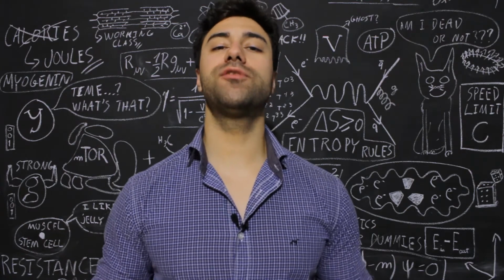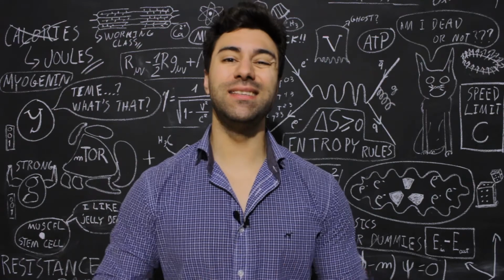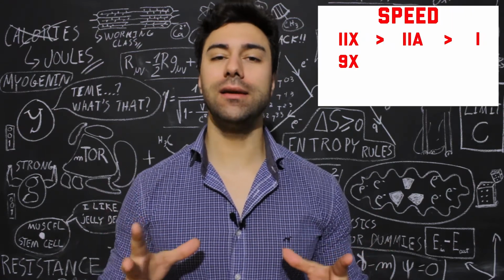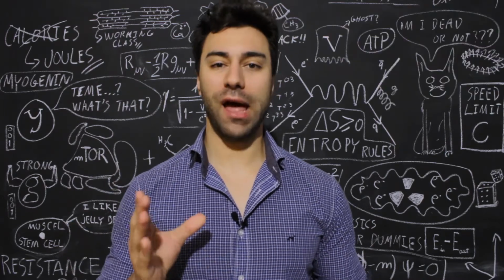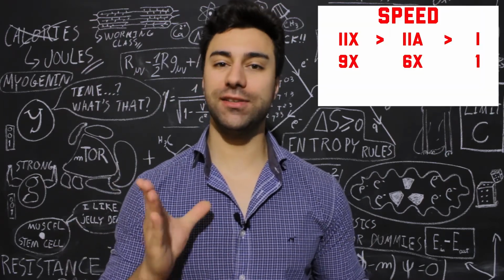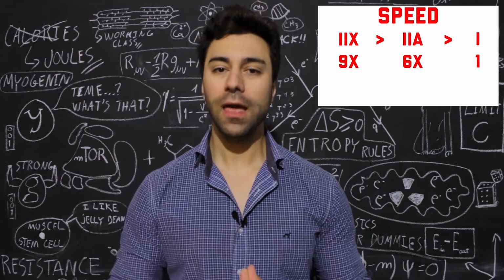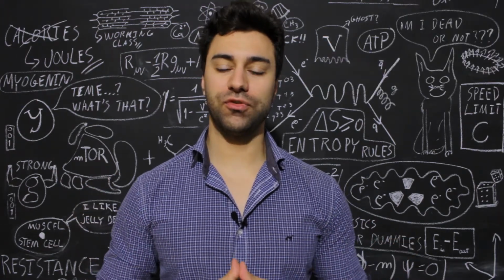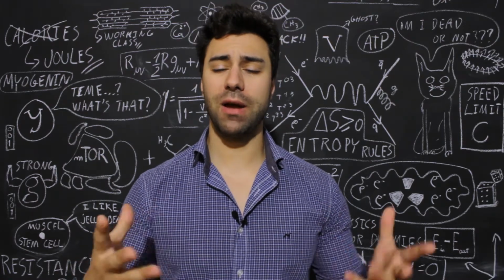Now, when it comes to contraction speed, the type 2X muscle fiber is 9 times faster at contracting than the type 1 muscle fibers, and the type 2A are 6 times faster than the type 1 muscle fibers. Well, let us use an analogy so that you can better understand what this actually means in a practical manner.